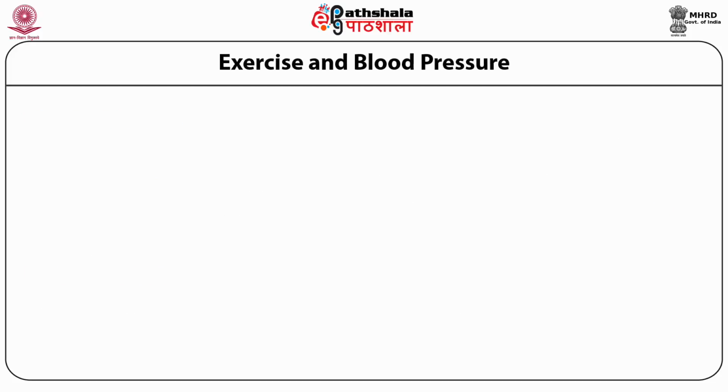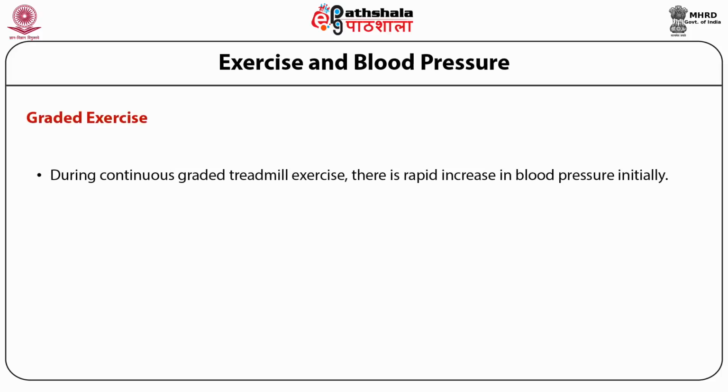Now let's come to the third grade of exercise, that is graded exercise. During continuous graded treadmill exercise, there is a rapid increase in blood pressure initially. Later, systolic blood pressure increases linearly with exercise intensity, while diastolic blood pressure either remains the same or may decline in case of high intensity exercise.